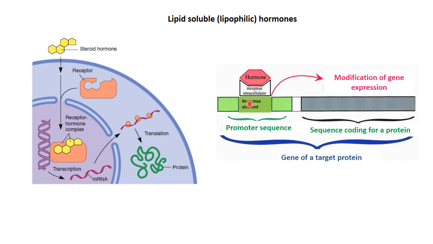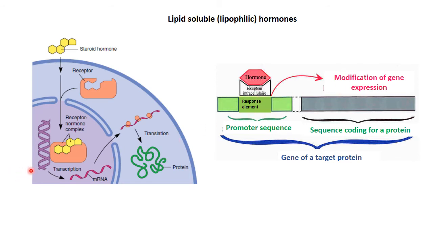So those hormone response elements can be recognized and bound by the hormone receptor complex, and thus whenever we have this hormone receptor complex, it will migrate to the nucleus and it will bind to this hormone response element on the promoter region of some genes. And following this binding, we will have either an activation of the transcription of this gene, or this binding will inhibit the transcription of the gene.